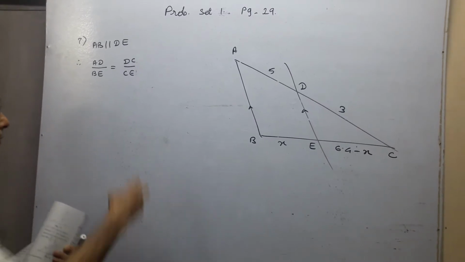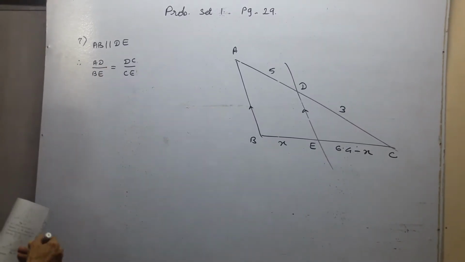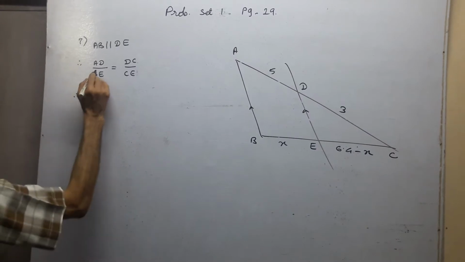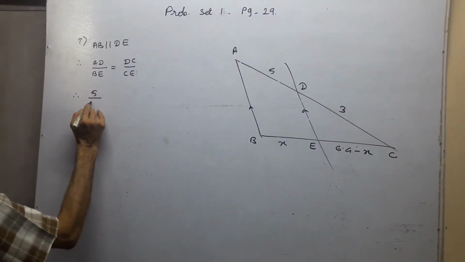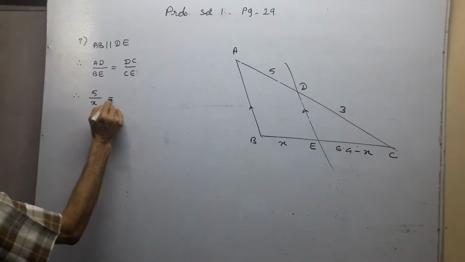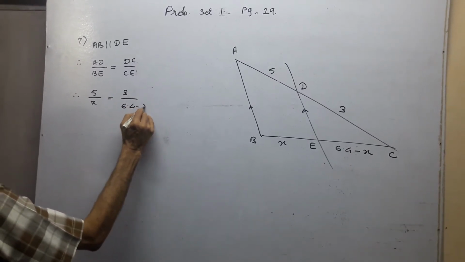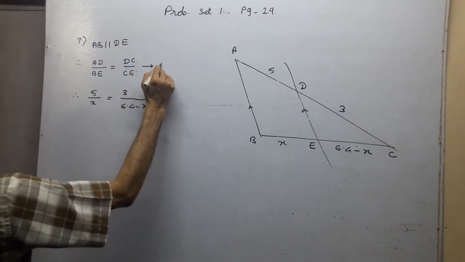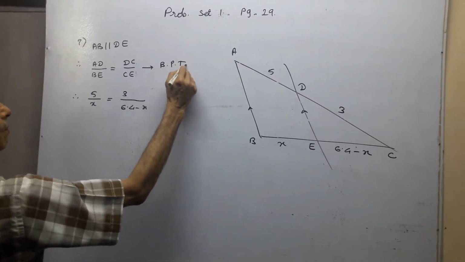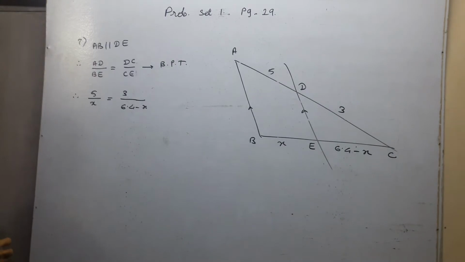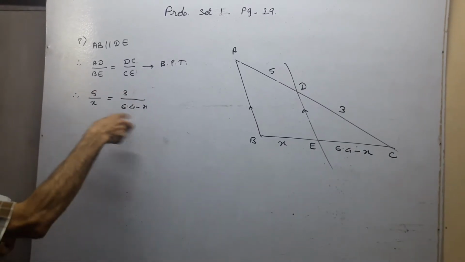Now here we can take cross multiplication. So substitute the values: 5 upon x is equal to 3 upon 6.4 minus x. Write the result as BPT. Now by taking cross multiplication, we can get the value of x.